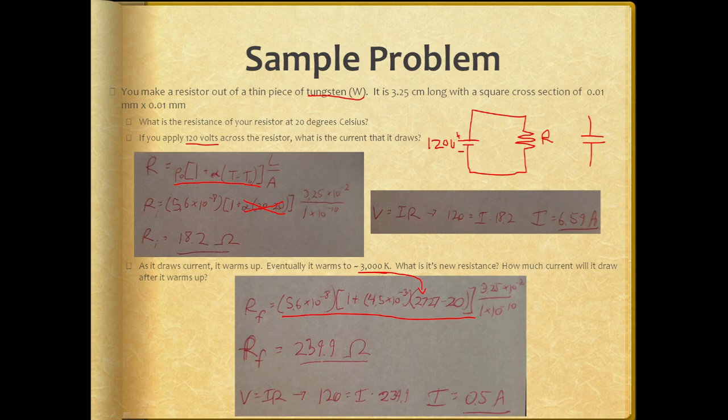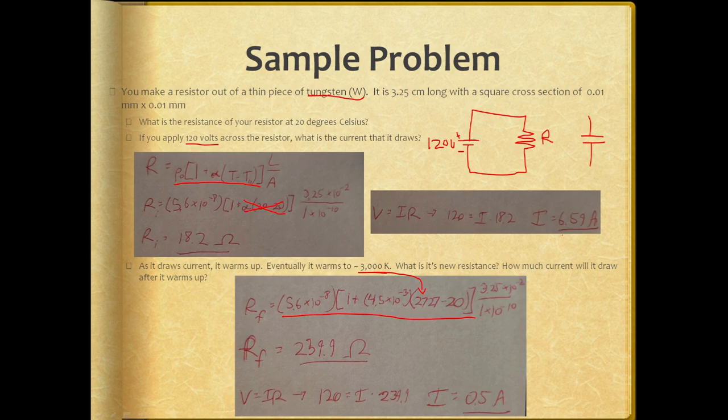And ultimately, because the resistance is 13 times bigger, the current is going to end up being about 13 times smaller. If we take our new resistance and plug it back into Ohm's law, V equals IR, voltage doesn't change, but our resistance did. Our new final current would be only half an amp.